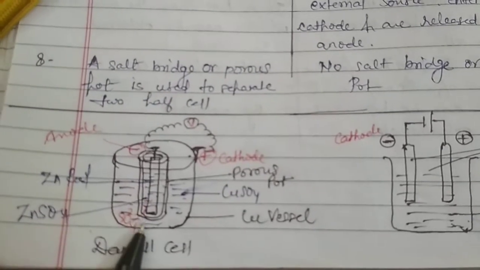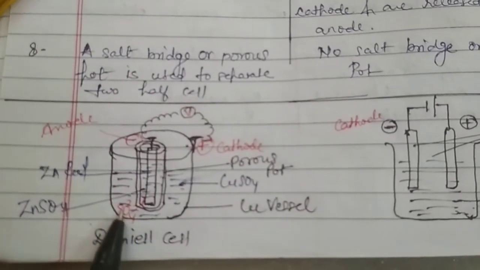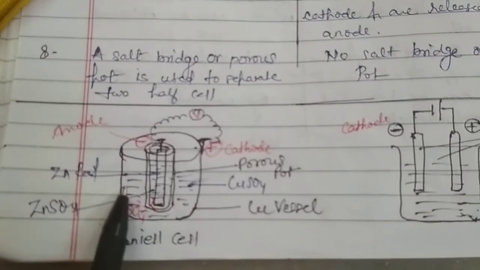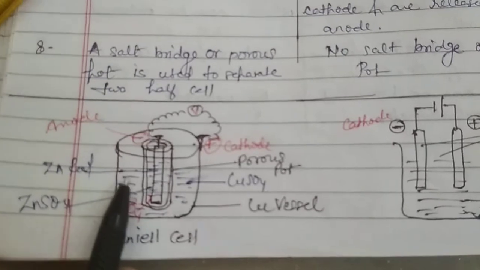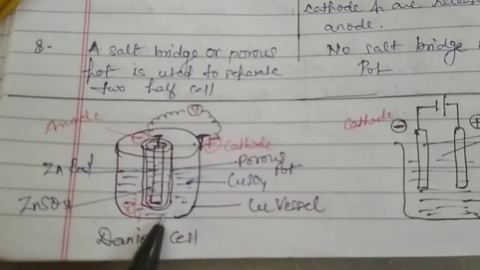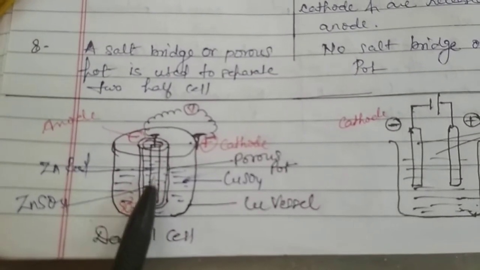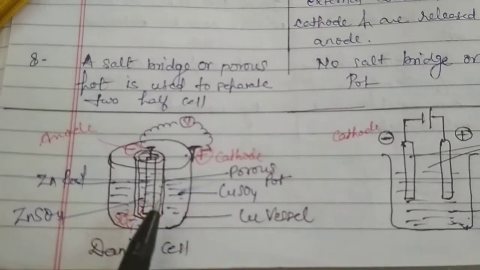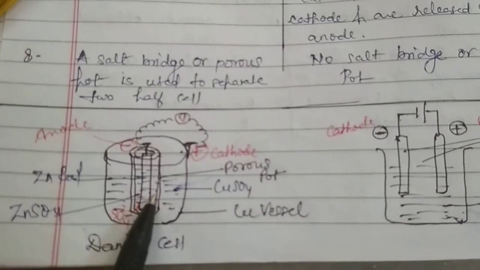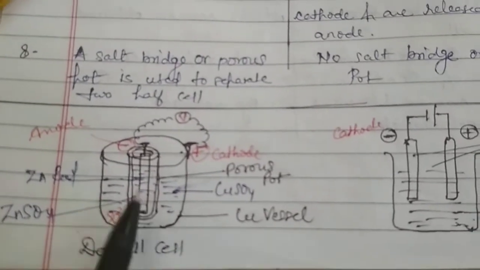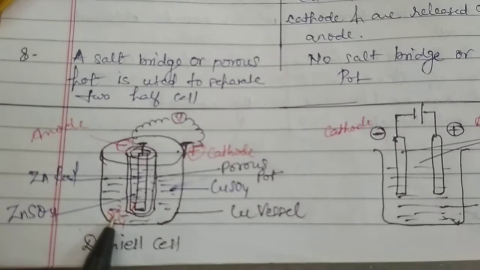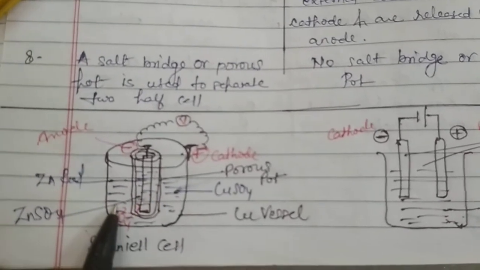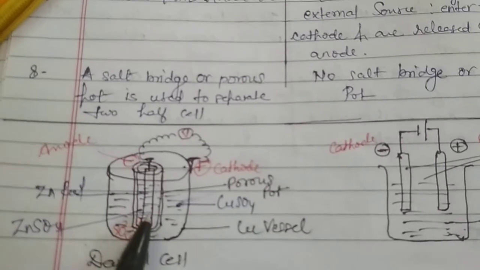Electrical neutrality is maintained by the migration of sulfate ions, because positive charge accumulates in the solution of zinc ions. So the sulfate ions will migrate from the outer pot to the inner pot, since there would be an excess of sulfate ions near the copper electrode, from copper sulfate to zinc sulfate, by which electrical neutrality is maintained.